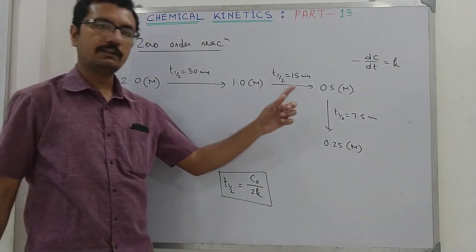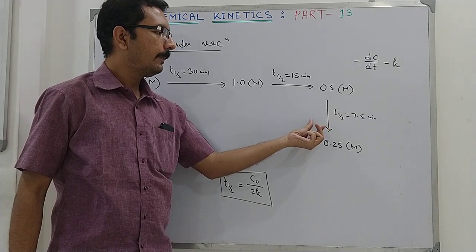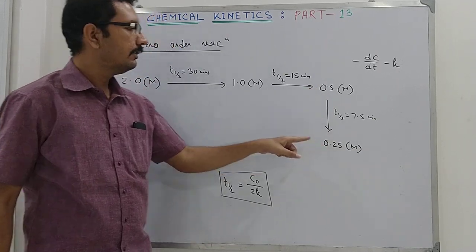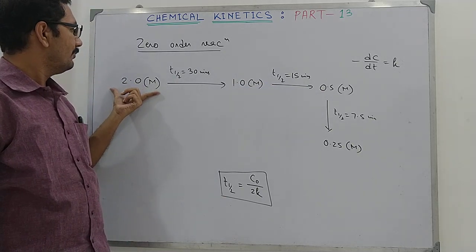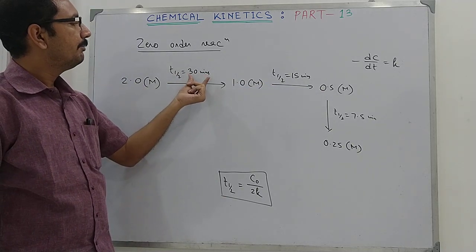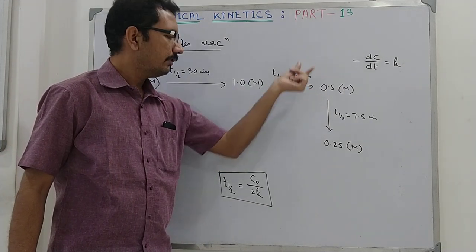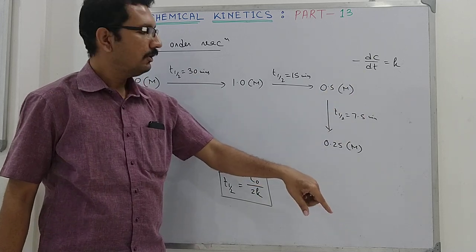Since rate is constant and the concentration is falling, the time required for 50% completion will be less when there is less concentration. So when we start with 2 molar, it will take 30 minutes, but when we start with 1.0 molar, it will take lesser time. So the less the concentration, the less the time required for 50% completion.